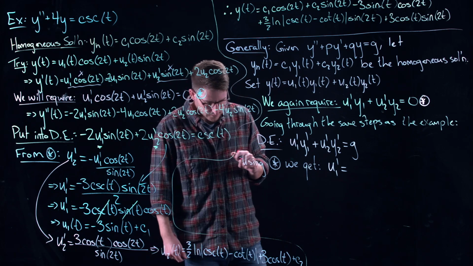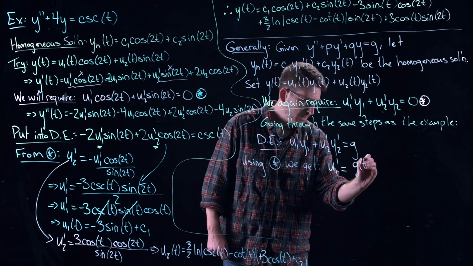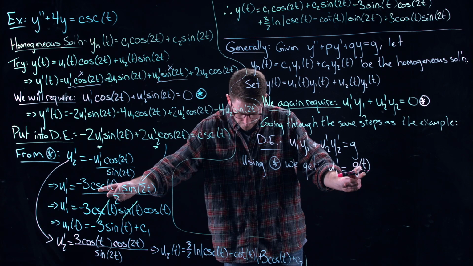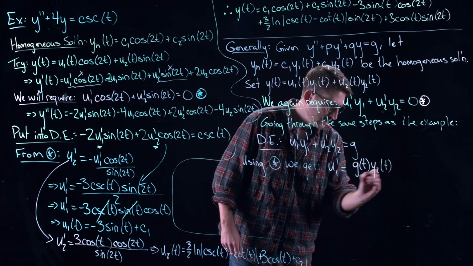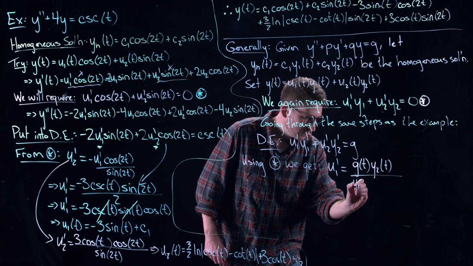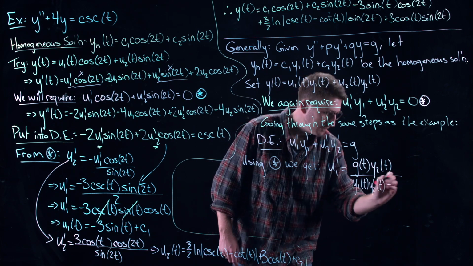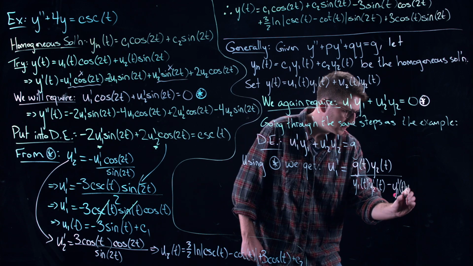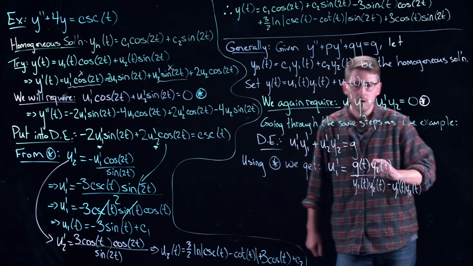Well, in this case, you get g of t. That's the cosecant part that we already saw. And then that's going to be multiplied against y2 of t, and that will be divided by y1 of t times y2 prime of t minus y1 prime of t times y2 of t, which we've seen before, right?